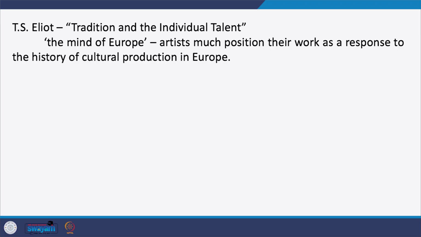The phrase "mind of Europe" is a phrase that occurs in T.S. Eliot's early but iconic essay, Tradition and the Individual Talent. By the phrase "the mind of Europe," Eliot means that any cultural practitioner must first perform an act of self-sacrifice.